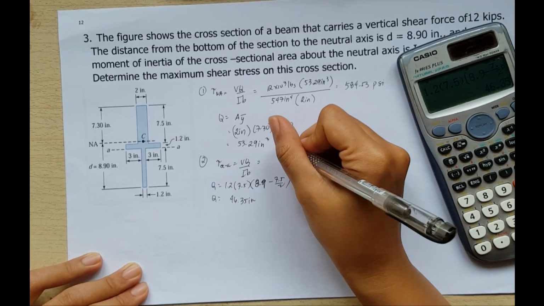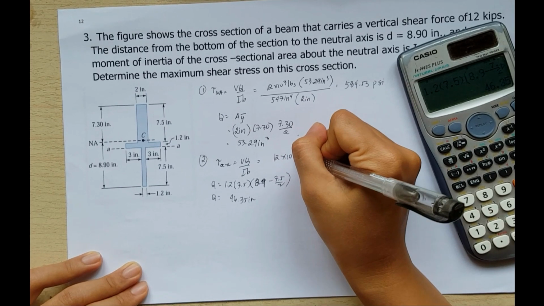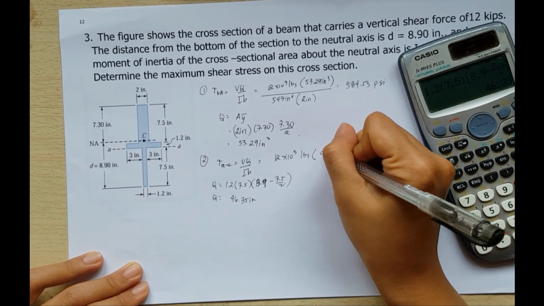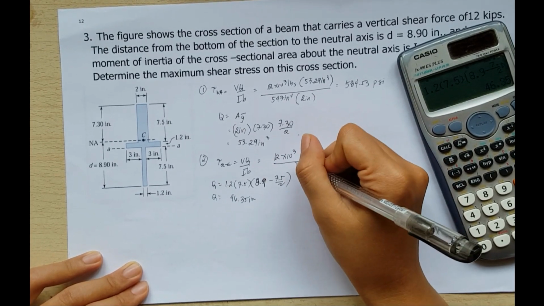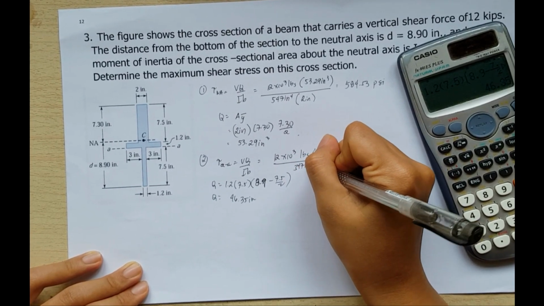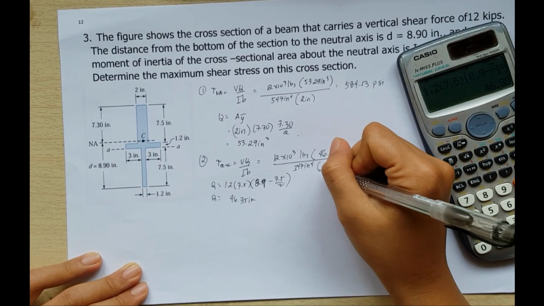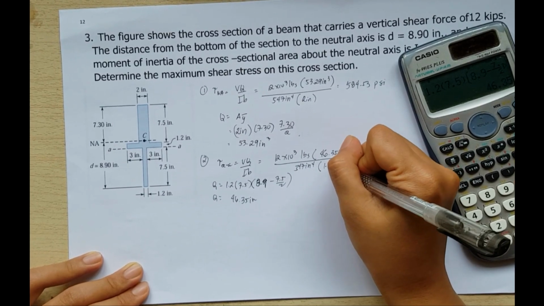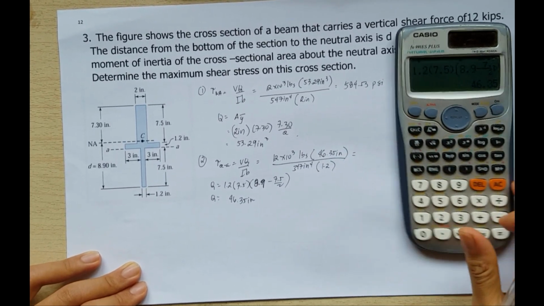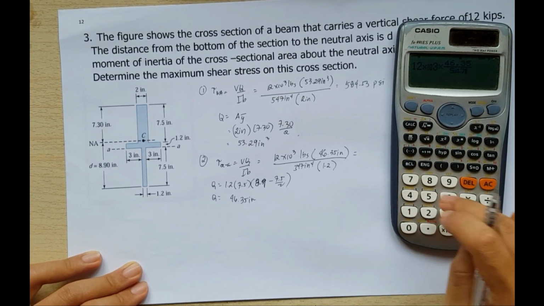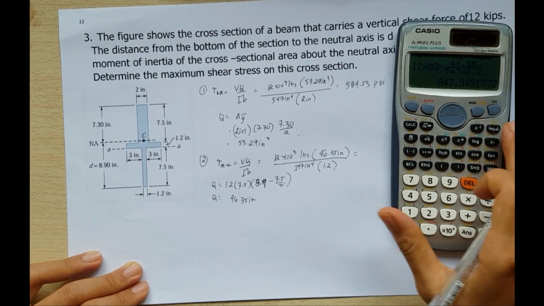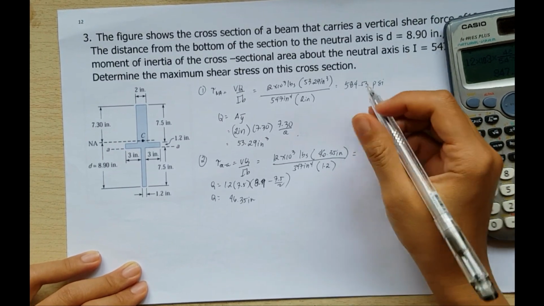So we have here the shear, which is 12 times 10 raised to 3 pounds multiplied by 46.35 inches all over our I, which is 547 inches raised to 4 multiplied by our B, which is 1.2. So it is equal to 847.35 psi.